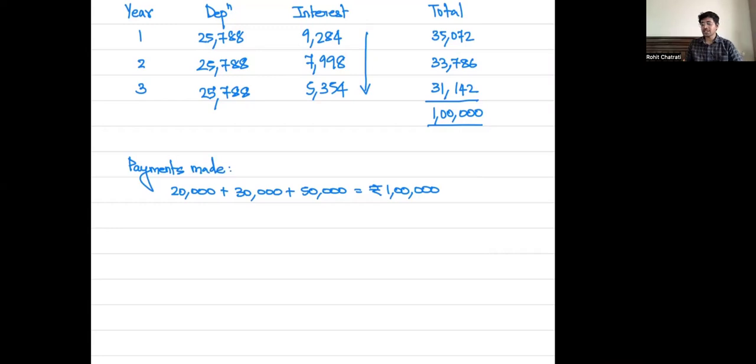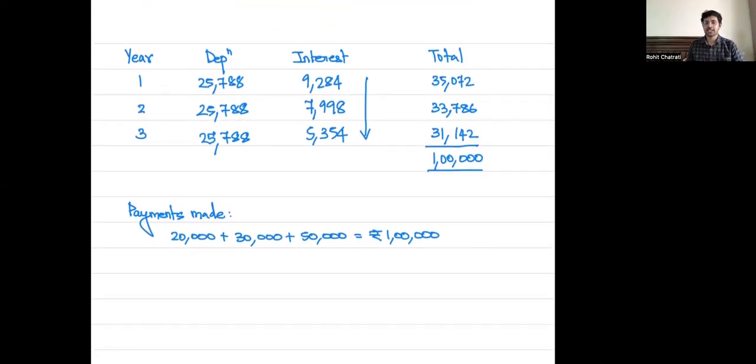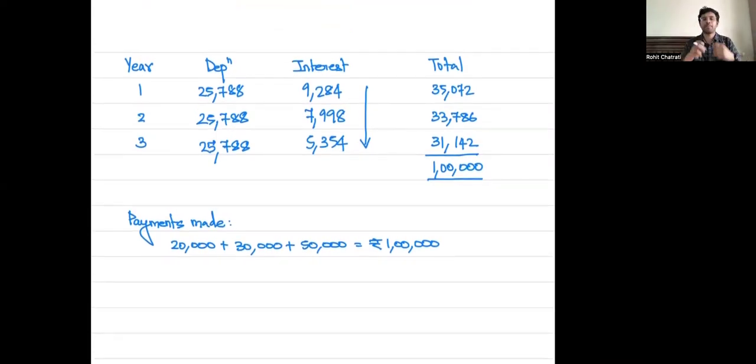Right? What is actually happening through Ind AS 116 is whatever amount you're actually paying to the lessor, that should be your expense. Remember, logically, if ABC is making a payment of 1 lakh to a lessor, the 1 lakh should be recognized in P&L over a period of 3 years. All right, because 1 lakh is the total payment for 3 years. That 1 lakh should be recognized in P&L over a period of 3 years.